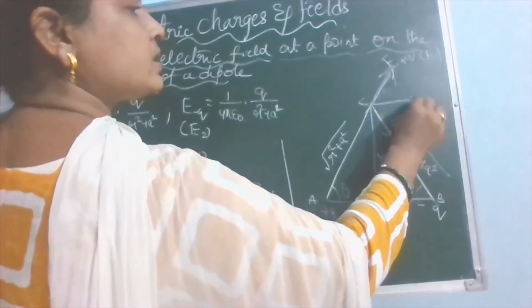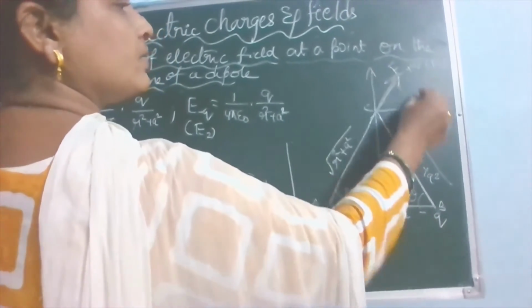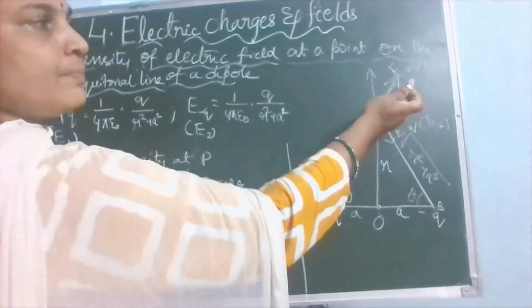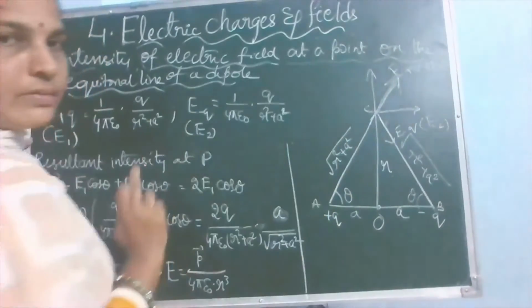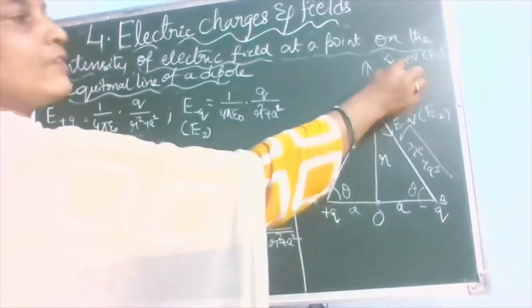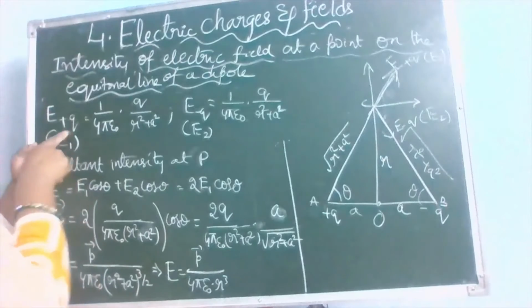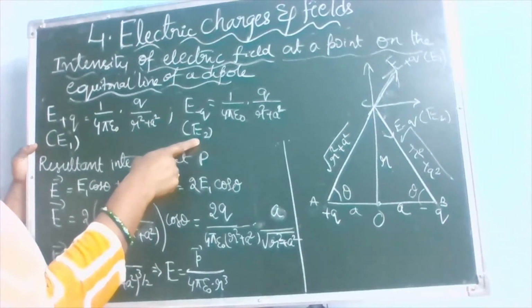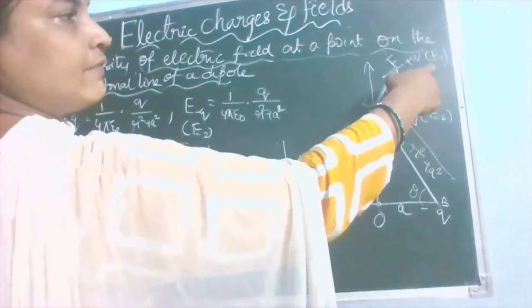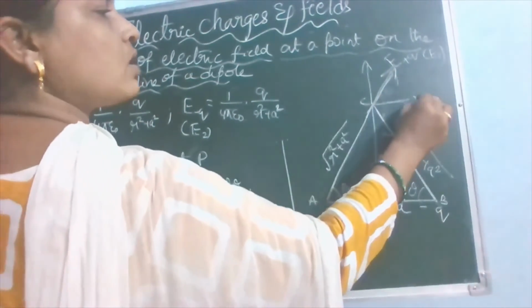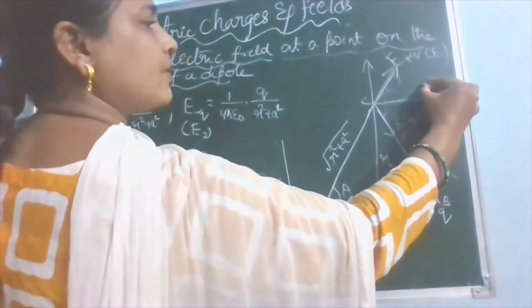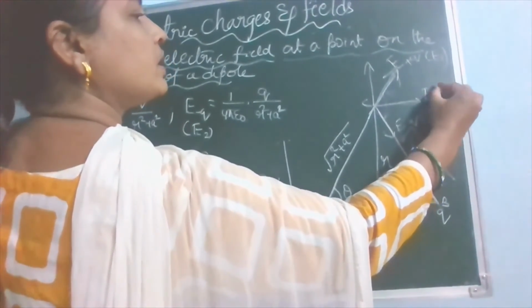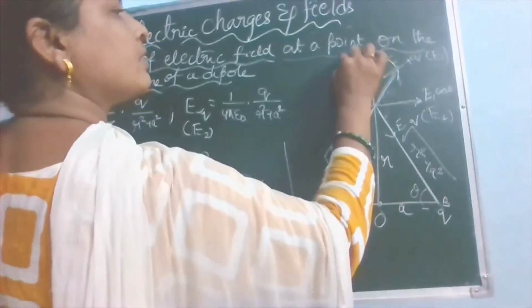Let the field due to plus q be E1. That means this one is the horizontal component and this one is the vertical component: the horizontal component E1 cos theta and the vertical component E1 sin theta.